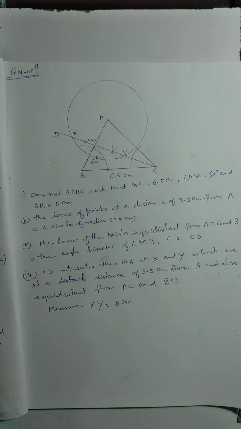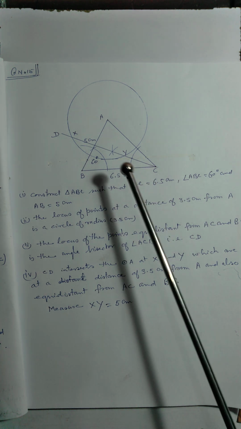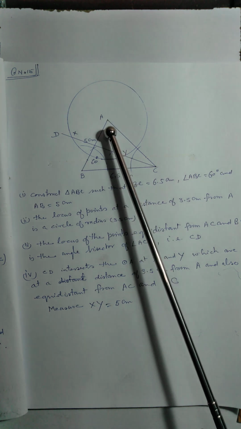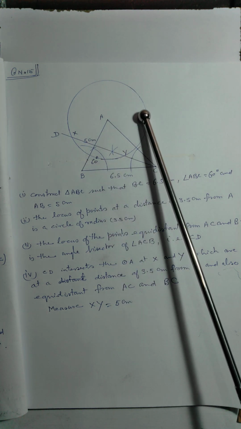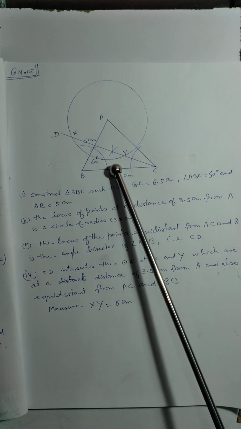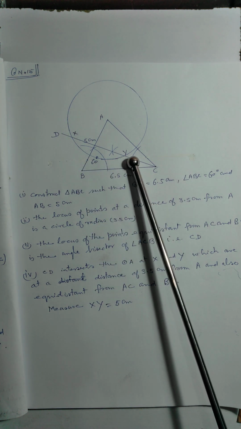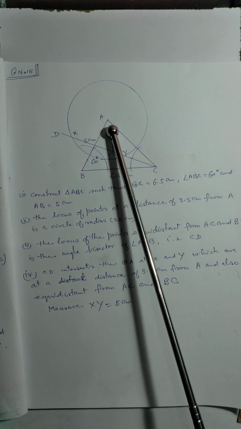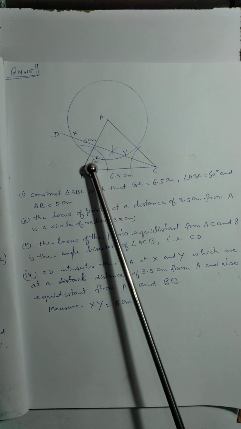So here construct the locus of the point at a distance of 3.5 centimeter from A. Taking A as a center and the radius equal to 3.5 centimeter, I have drawn a circle. So the path or the locus of the point which will be at a distance of 3.5 centimeter from A will be a circle.